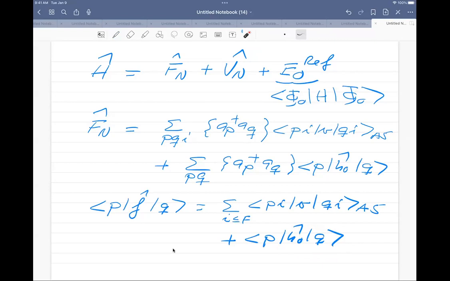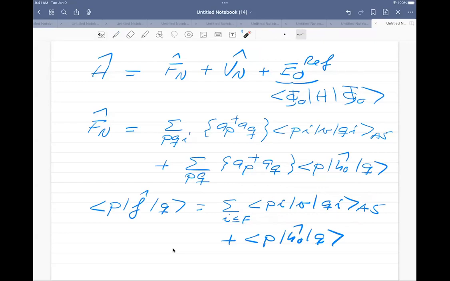Now, what you see now is something which becomes interesting. This sum here runs over all states below the Fermi level. So if you now are thinking of all these states being filled up with particles, then this P and Q, they will be seeing all the other particles. So you can think of this thing here as a field which is being set up by all the particles below the Fermi level.